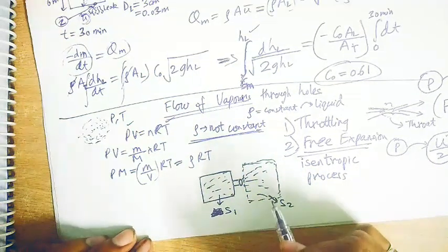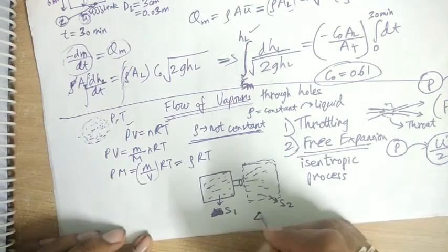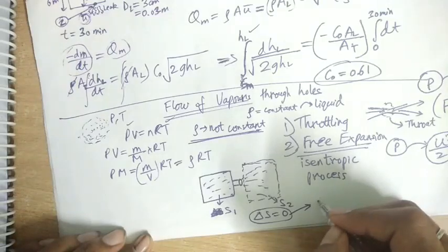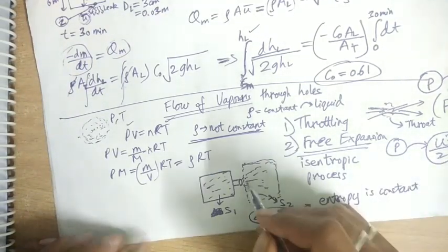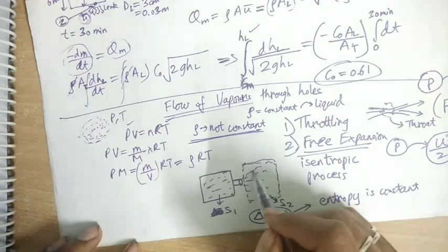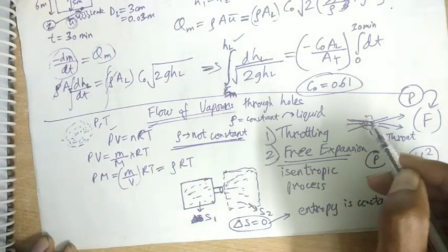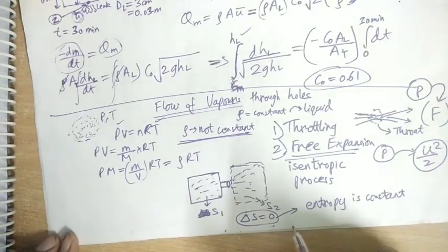Because this is free expansion, S1 and S2 are the same. So delta S is 0, which means the entropy is constant. Why? Because it is allowed to move freely, not under pressure. Here it is first contracted and then expanded suddenly, but this is freely expanding. So the entropy is constant.